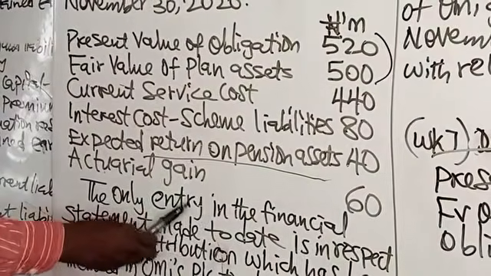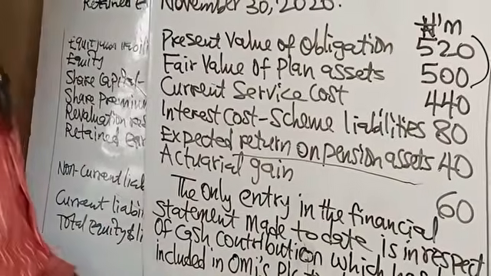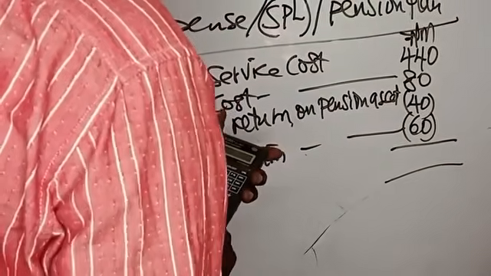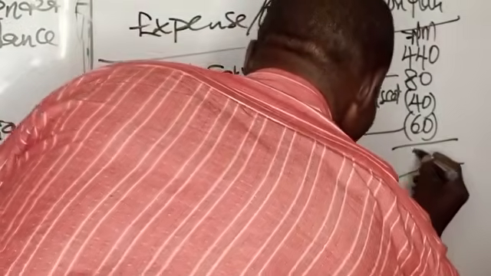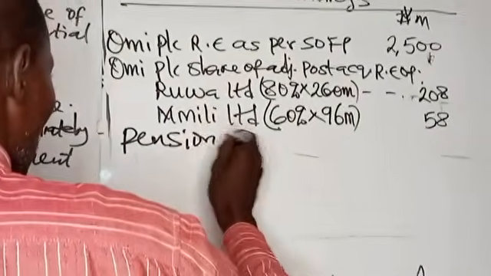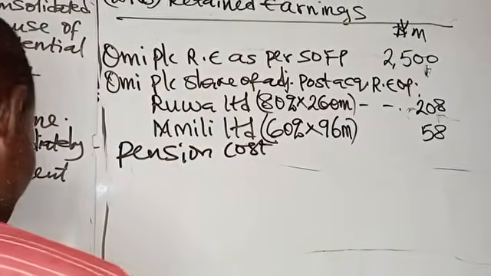Then we have actuarial gain, 60. Gain is also an income, so you deduct actuarial gain, 60. If you net it now, we have 440 plus 80 minus 40 minus 60, which is 420. The 420 will be expense in the statement of profit or loss. So we have pension cost. Let me call this working eight.